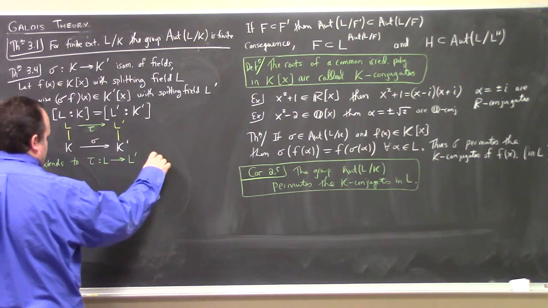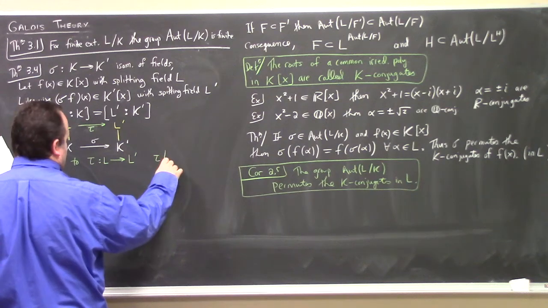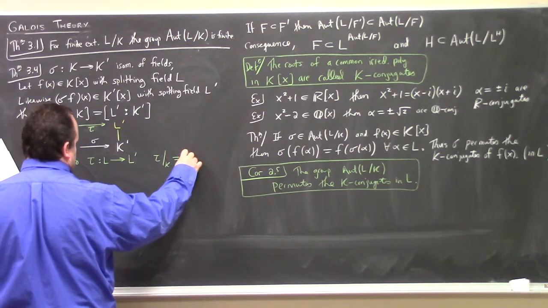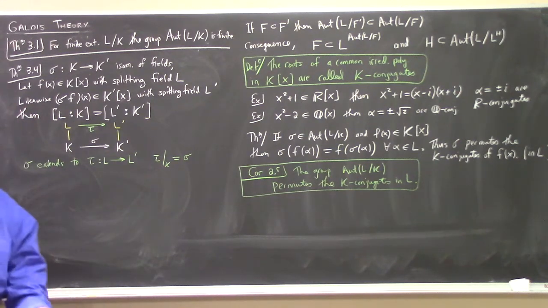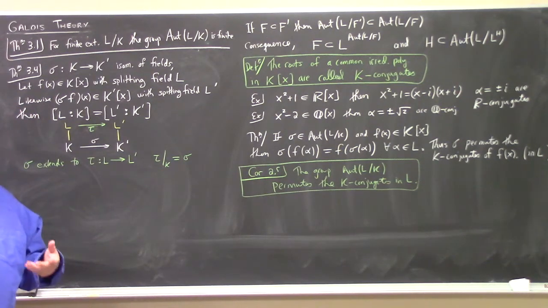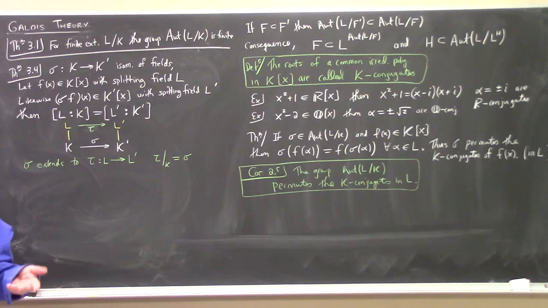That means if we look at tau restricted to K, it's just sigma basically, with the understanding of the codomain mismatch: the codomain of tau is L prime, whereas the codomain of the restriction of tau to K is technically K prime. I don't have a good notation for it. But it's more than that.